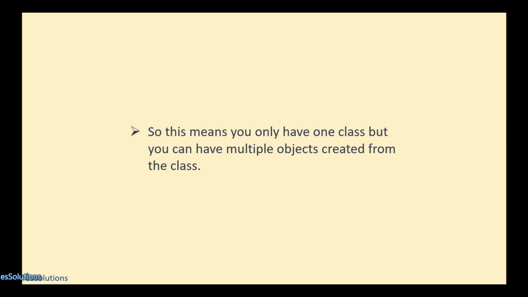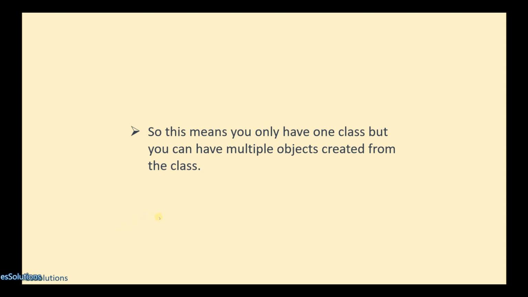I could use that same architectural design to build multiple buildings in different locations. We only have one plan, and then we have multiple buildings. In the same way, in C#, we have one particular class, but from that one class, we can have multiple objects. So let's look at that.